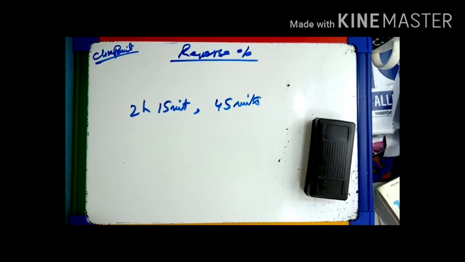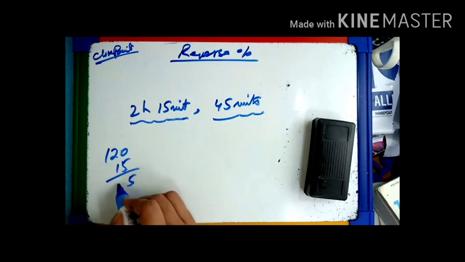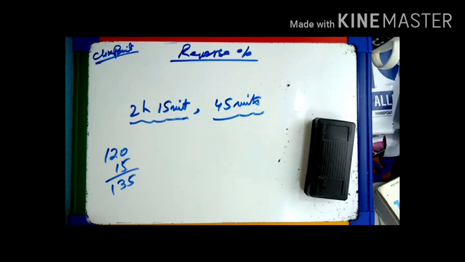So in 2 hours and 15 minutes, how many minutes in total? 2 hours equals how many minutes? 120. Then 120 plus 15 equals 135.